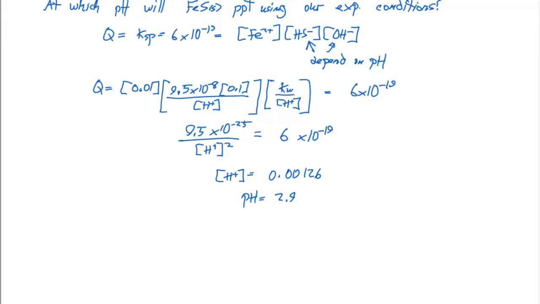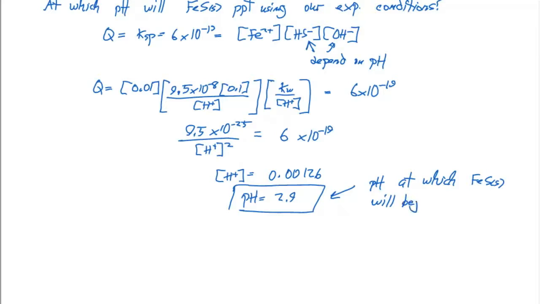So this pH right here is the pH at which FeS will begin to precipitate. So what does this mean in terms of what we're looking at in our particular laboratory?